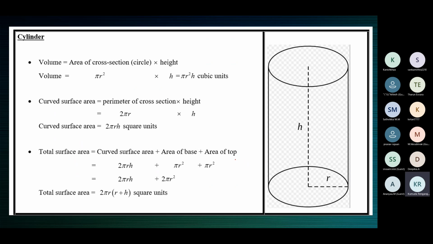When many congruent circles are stacked up to any height, the solid obtained is a right circular cylinder. I'm not explaining this. Please write down.